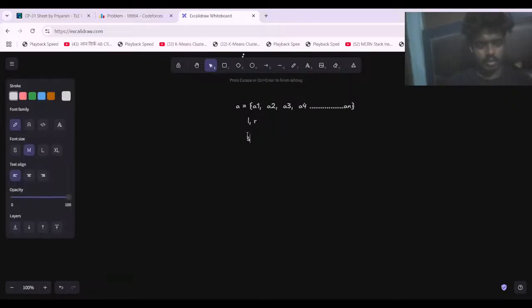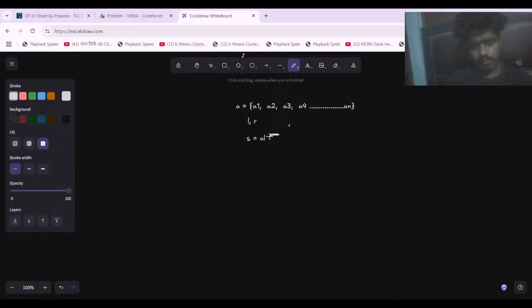right. So S is equal to A_L, right, A_L plus 1, right. Then A_L plus 2, and then you XOR A_L plus 3, right?